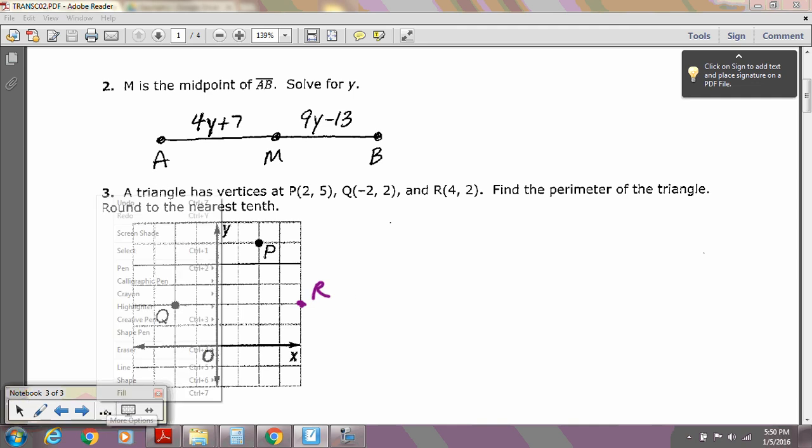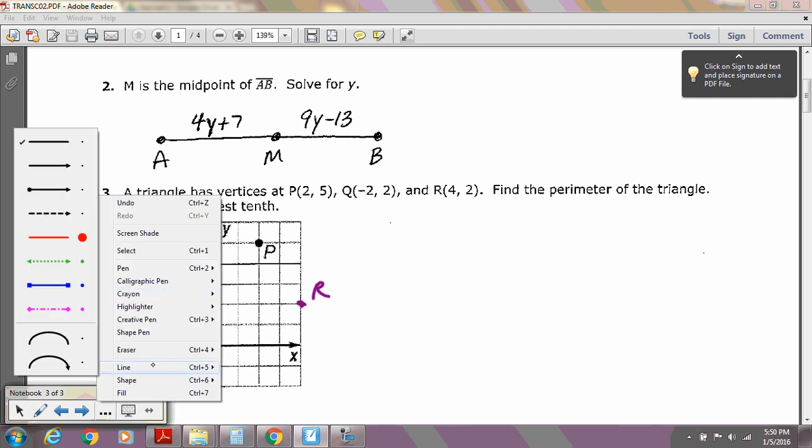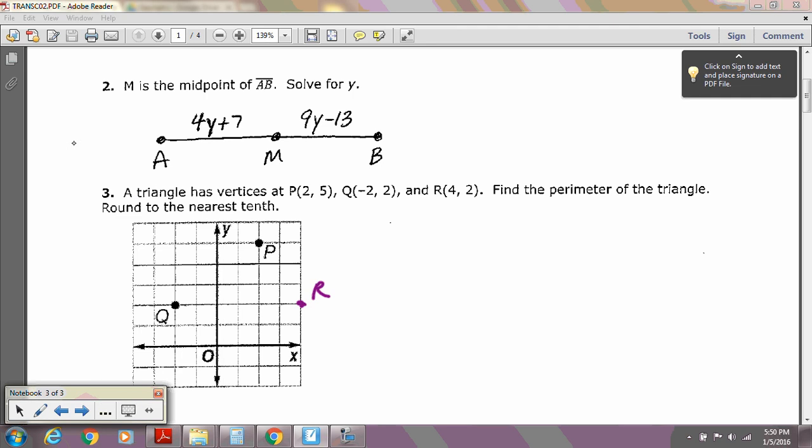And I probably want to connect the dots to complete my triangle. All right.